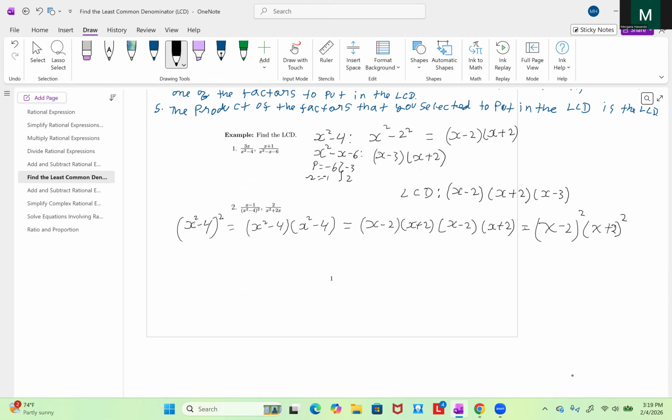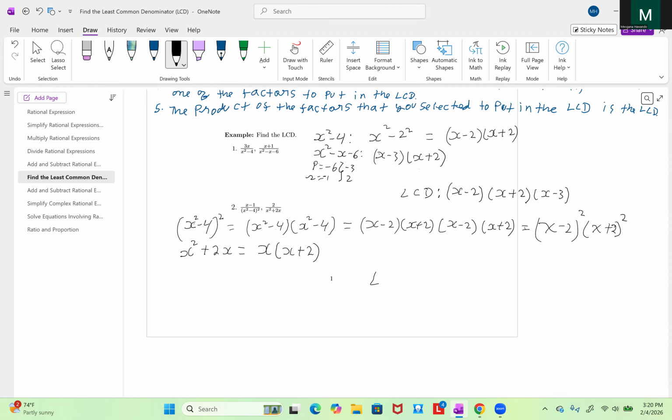For the second denominator, x squared plus 2x, in factored form this is x times x plus 2. So the factors of (x squared minus 4) squared are (x minus 2) squared and (x plus 2) squared. The factors of x squared plus 2x are x and x plus 2.